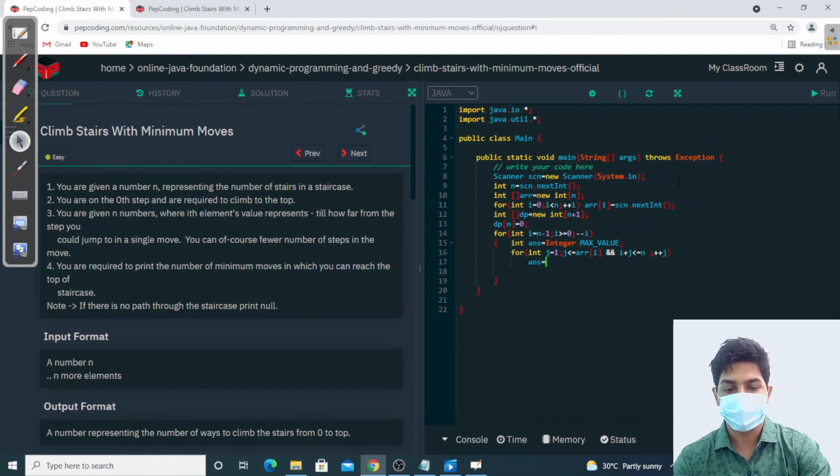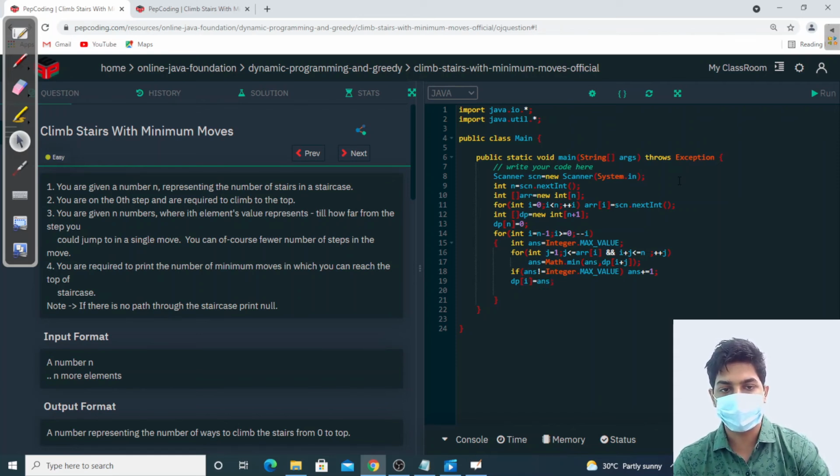My answer will be the minimum among all the answers, that is dp of i plus j. Finally, I will check if answer is not equal to integer max value, then dp of i equals answer.